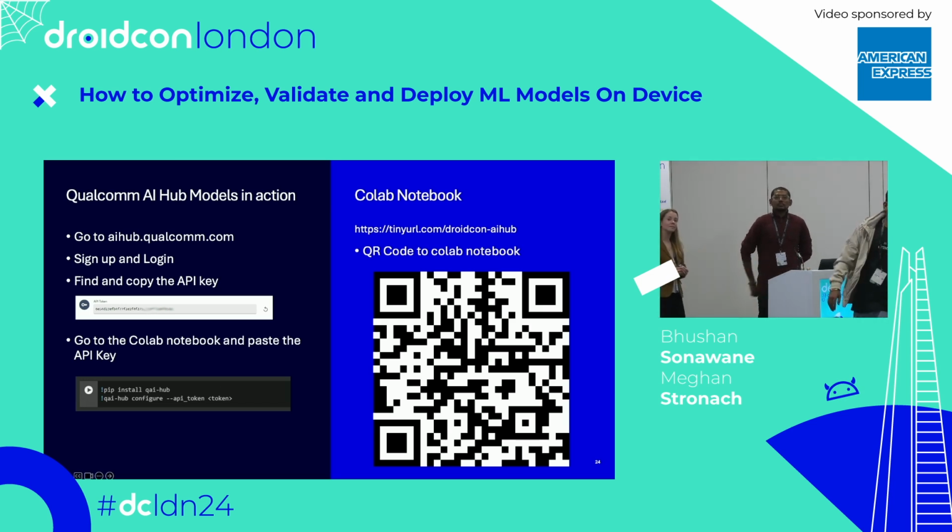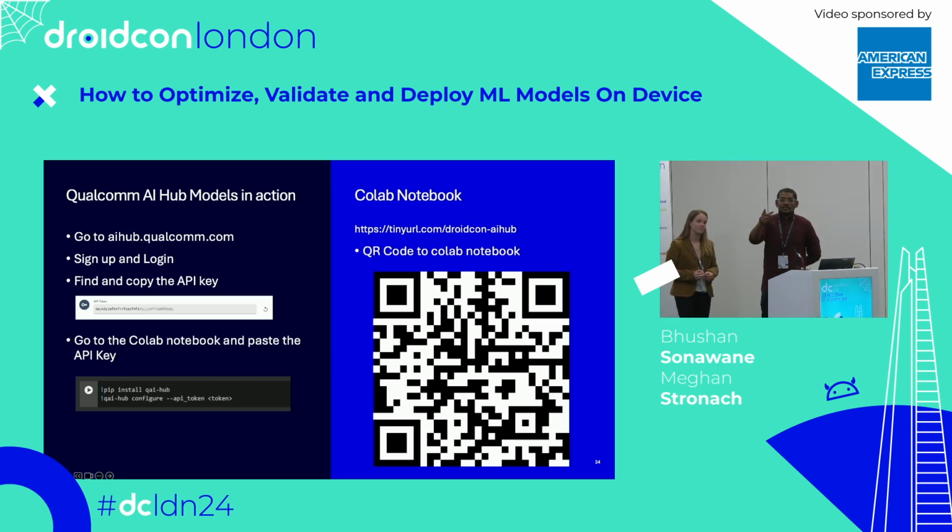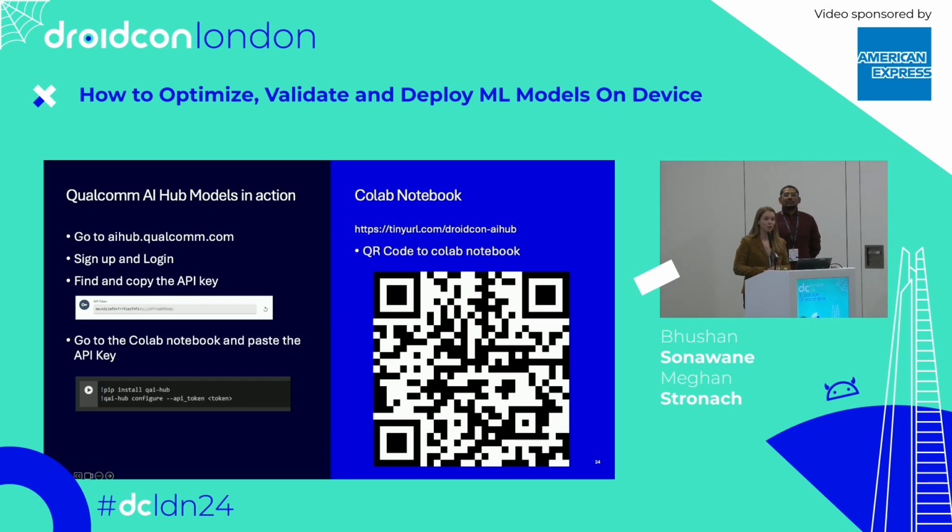How committed are you to keep on updating the newest models as they come out? Let's have it on mic. Sorry, how committed are you to keep uploading the newest models as they come out? If you have any requests, you can go to AI Hub, and maybe there's a use case that isn't there that you're interested in. Just let us know on Slack.